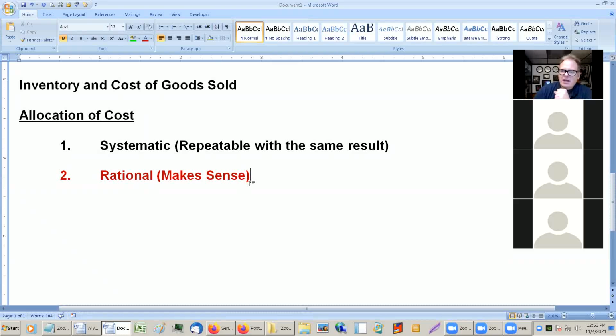It used to be really highly pushed because people were saying, look, this is more accurate income. But I think it's almost too theoretical in that it's not the actual flow of goods and not the normal way you think about business. The first one in would be the first one sold. That'd be the natural way to think about it. So I think for those reasons they don't allow it. But the United States is the only country that uses it.